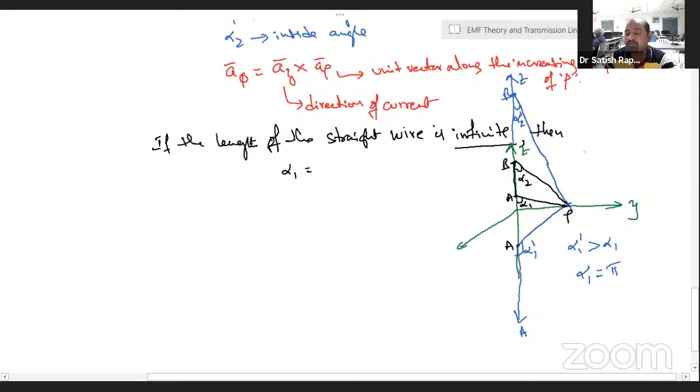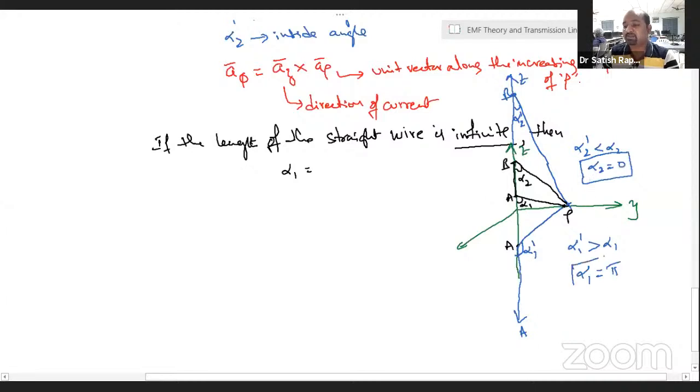If you compare alpha 2 dash and alpha 2, alpha 2 dash is less than alpha 2. So if you go on increasing point B towards positive infinity, alpha 2 will become narrower and narrower. So at infinity, alpha 2 is 0.